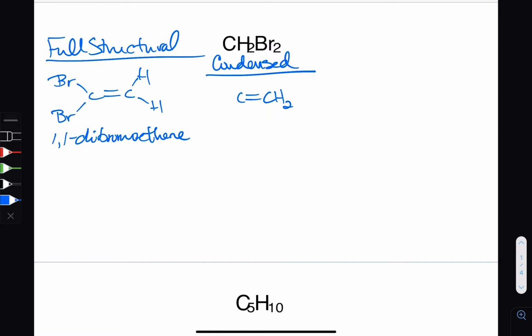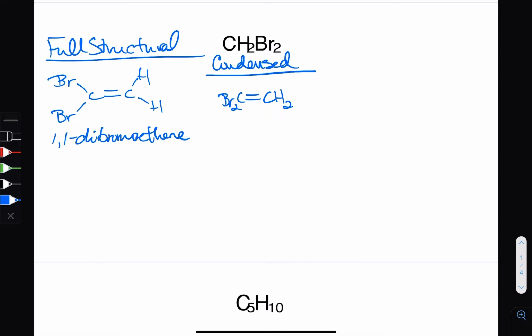So if we back up and look at those two bromines, and we see what we did with the hydrogens, it should be pretty obvious that you'd put Br2 just like that. So that would be the condensed formula. And the condensed formula or condensed structure is usually used in books or when you're writing something and you want to save some space or you just don't feel like drawing out all of the bonds.